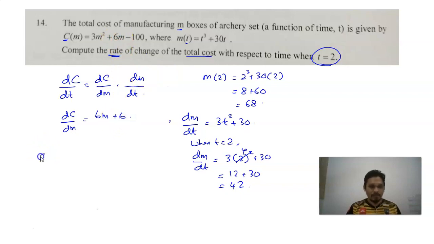Okay, so dC/dt equals dC/dm multiplied with dm/dt. When t equals 2, we substitute into the equation of m, the number of m boxes constrained with the time t here. We substitute t equals 2, then we get 68.